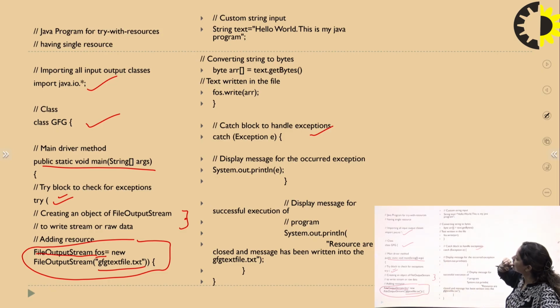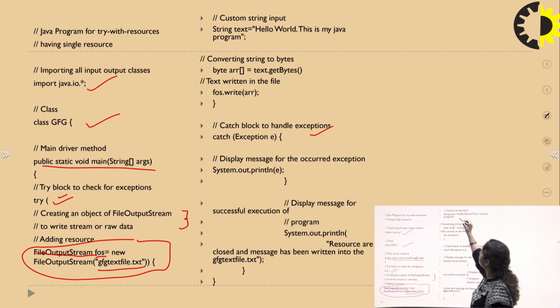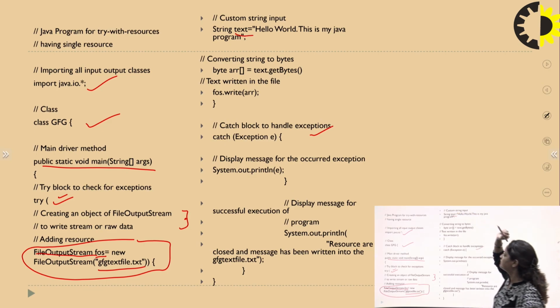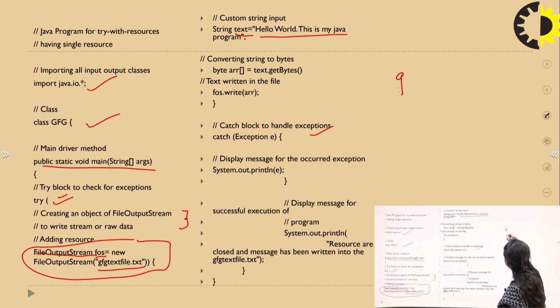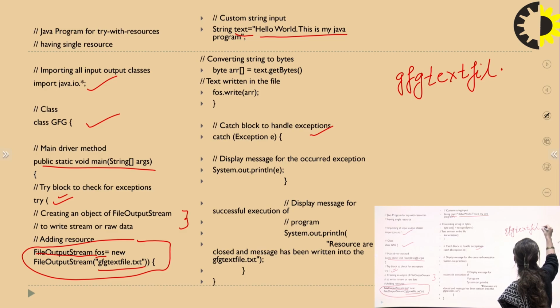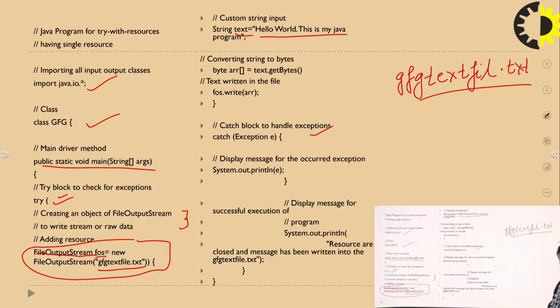So inside the try block, I have taken a text variable of type string, and what I want to insert into this file, my file name is gfg text file.txt. It is a notepad file I want to open, which is present in my system.